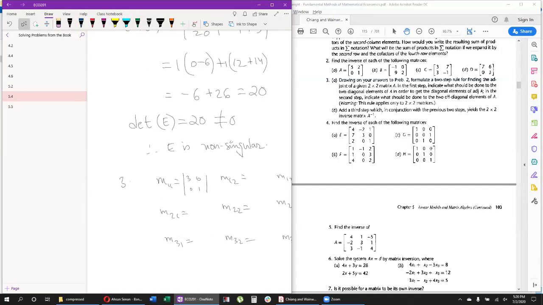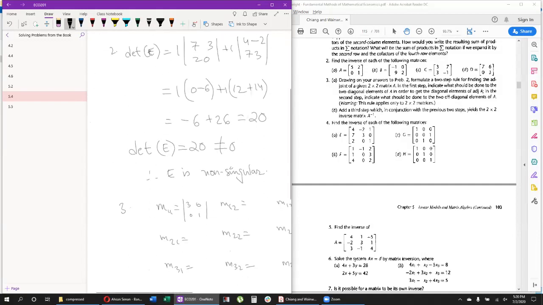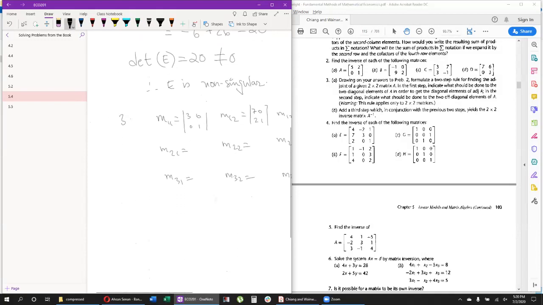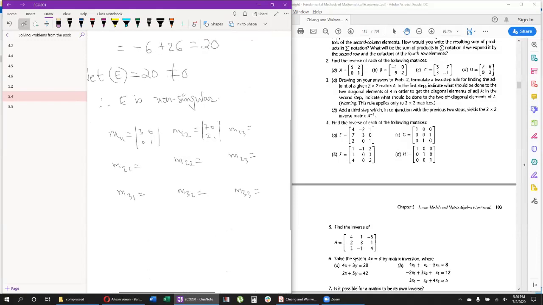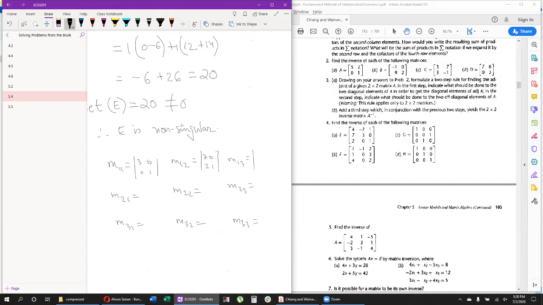So similarly, to find M12, we come here and we ignore this and this, and that leaves us with 7, 0, 2, 1. So similarly, we have to calculate the minor element for all the matrices. So this will be 7, 3, 2, 0.